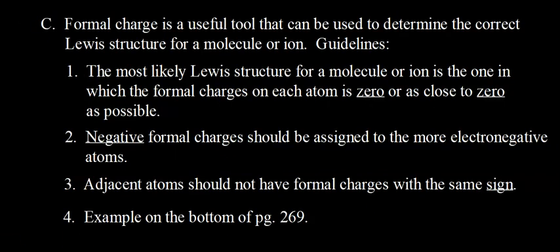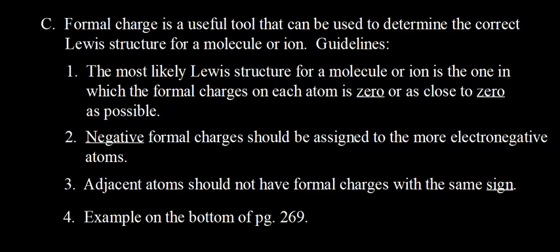So here are some guidelines, some things to think about when you're determining formal charges, trying to determine which of the multiple possible Lewis structures is the correct or best Lewis structure. The most likely Lewis structure for a molecule or ion is the one in which the formal charge on each atom is 0 or as close to 0 as possible. So the lower the formal charges, the better on each of the atoms.